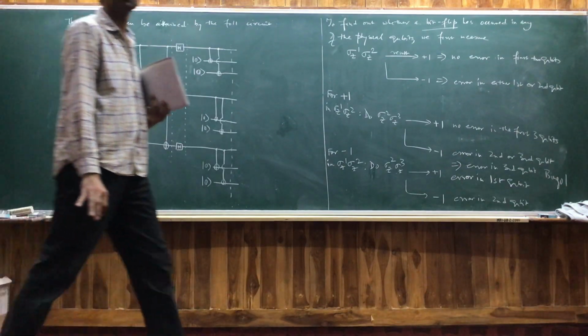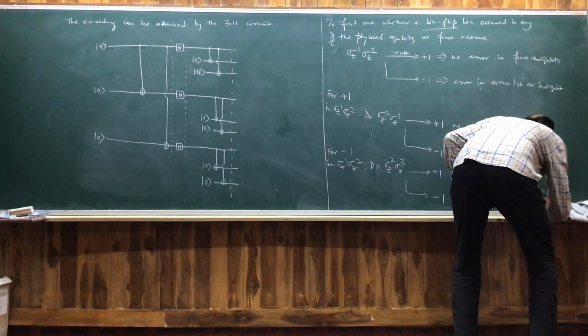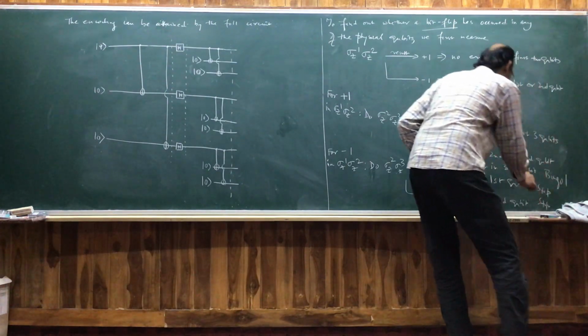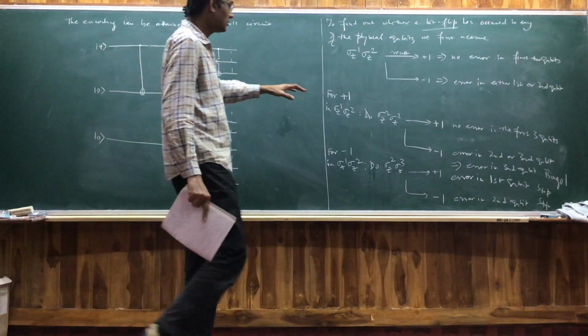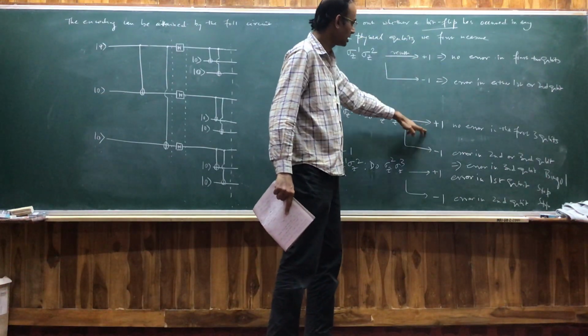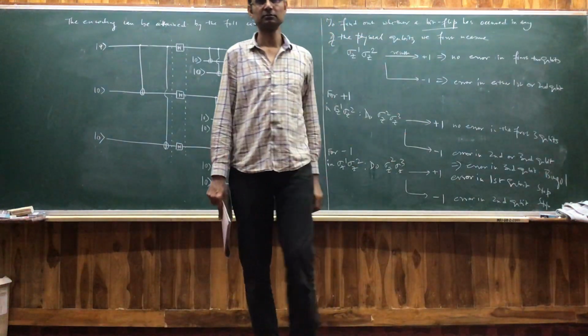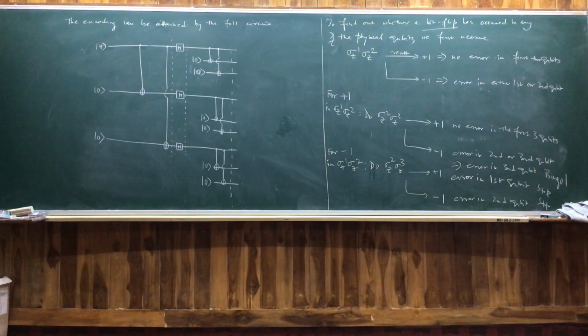And you stop again. So these 3 cases, you don't need to go any further. The only case where you need to go further is when you have +1 here and +1 here. For these, if these happen, you need to go still further.